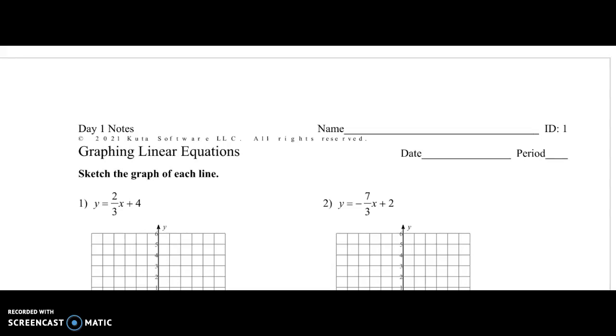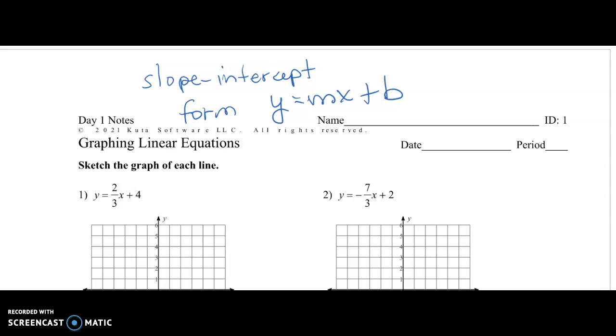All right, moving on to the next lesson, graphing linear equations. Now, ideally, when you are graphing linear equations, meaning equations that graph lines, you would like your equations to be in the form y equals mx plus b.